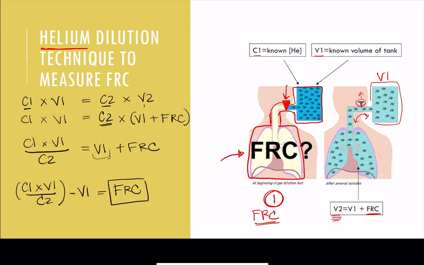Since the total amount of helium doesn't change, we can make C1 times V1 equal to C2 times V2 and exploit our known volumes times the measurable concentrations to get at this kind of mystery lung volume that's very difficult to measure directly because of residual volume.